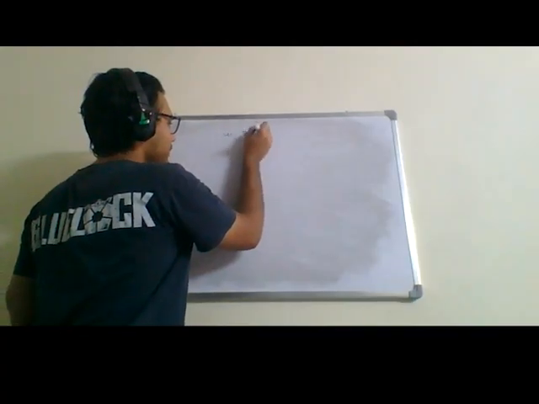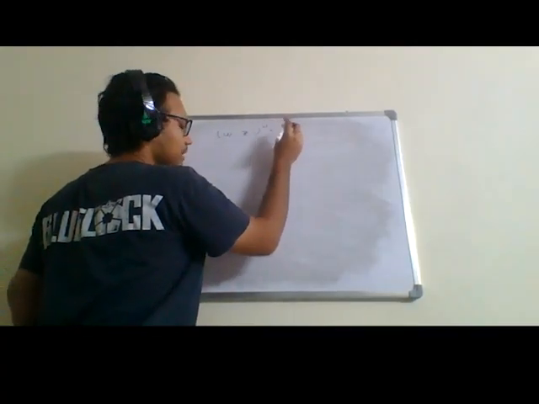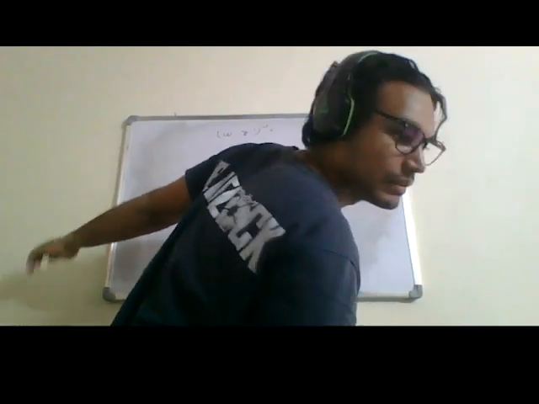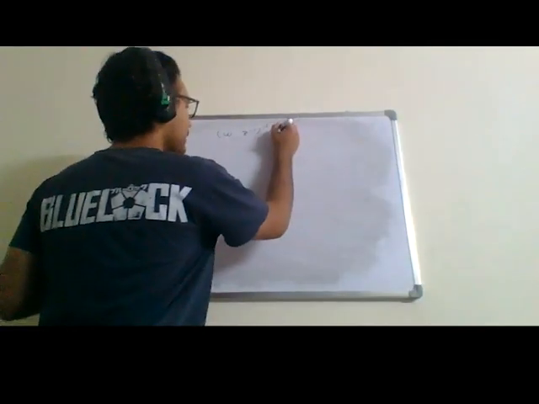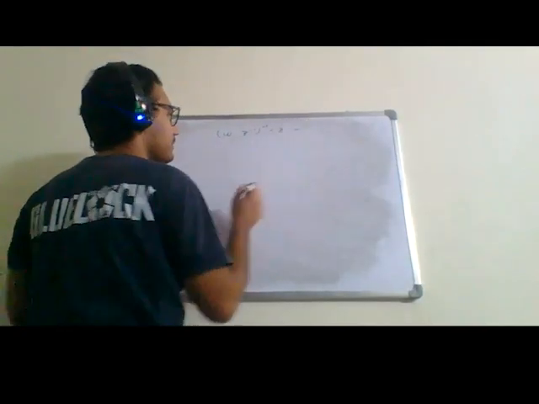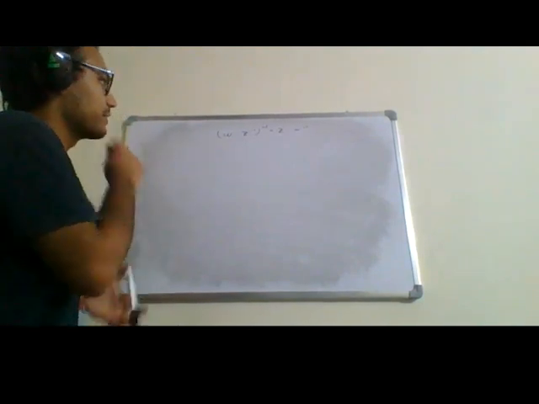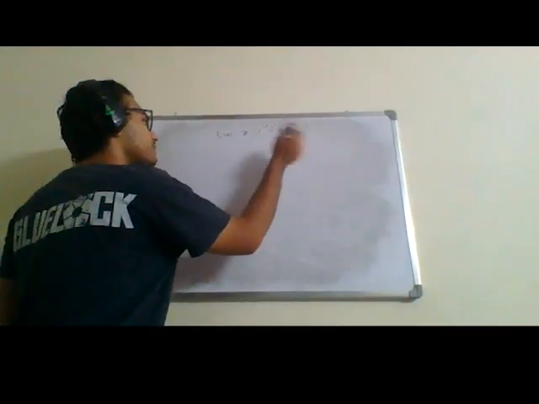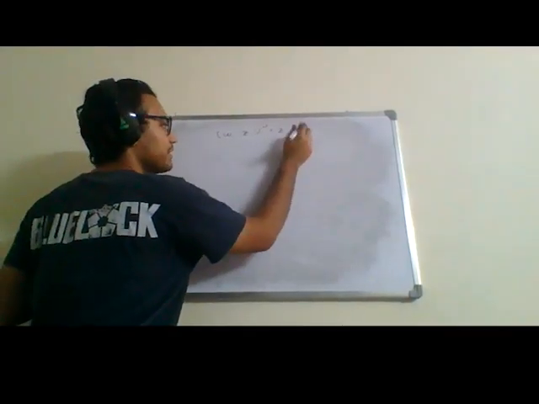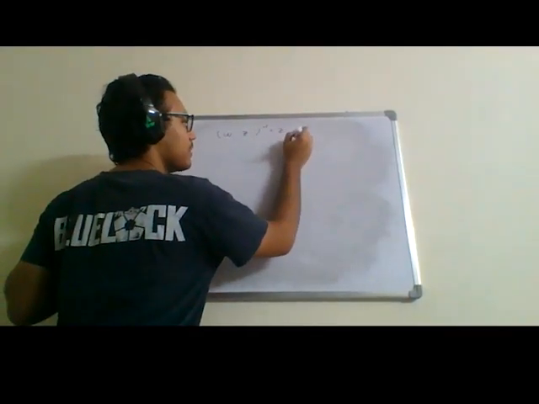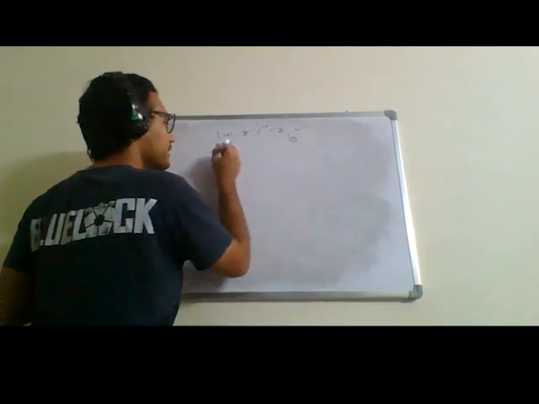W dot z inverse, whole inverse, is equal to, what is it? Yeah, z dot w inverse. Okay, so how do we go about this? Yeah, we're going to start from this side now. Call it theta again.